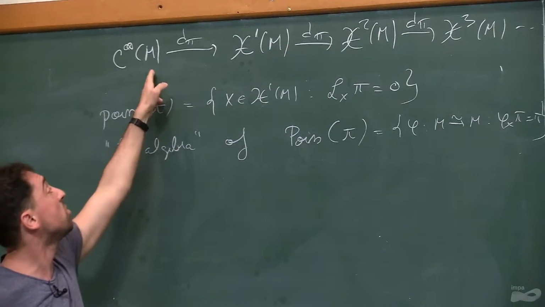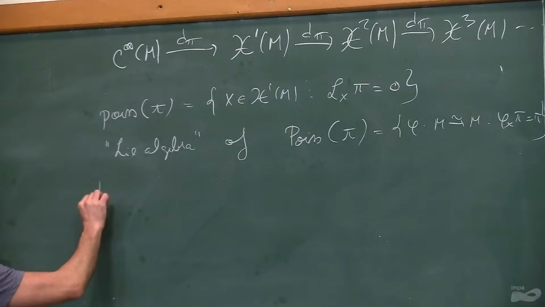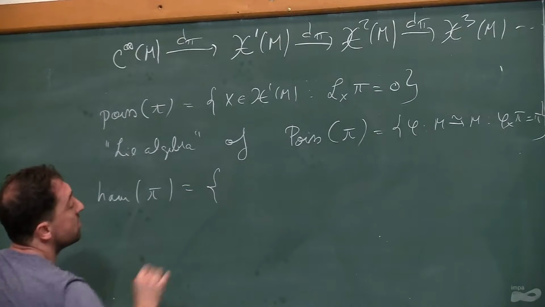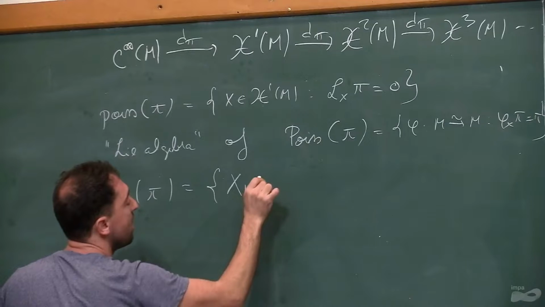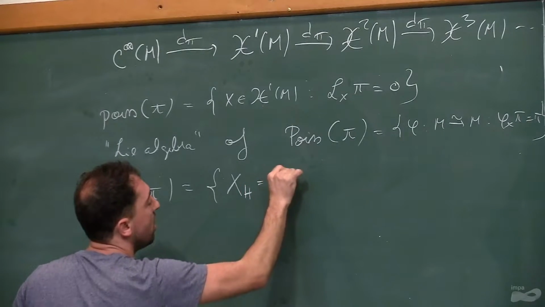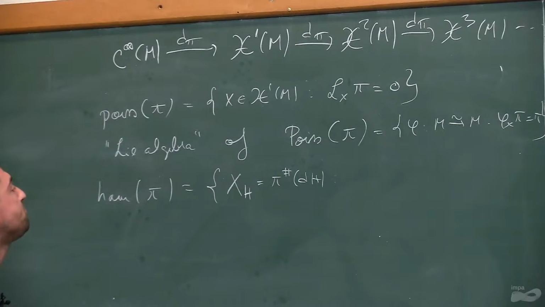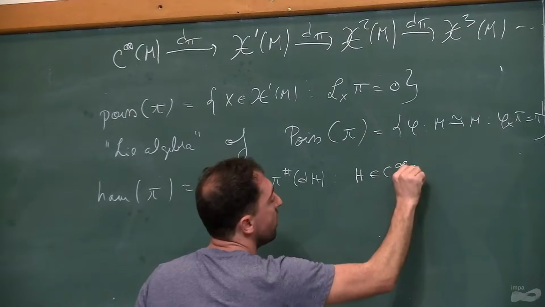And then you have to mod out by the image of this map. The image of this map will be simply Hamiltonian vector fields, so vector fields of the form X_h, the Hamiltonian vector field of h, where h is any smooth function on M.